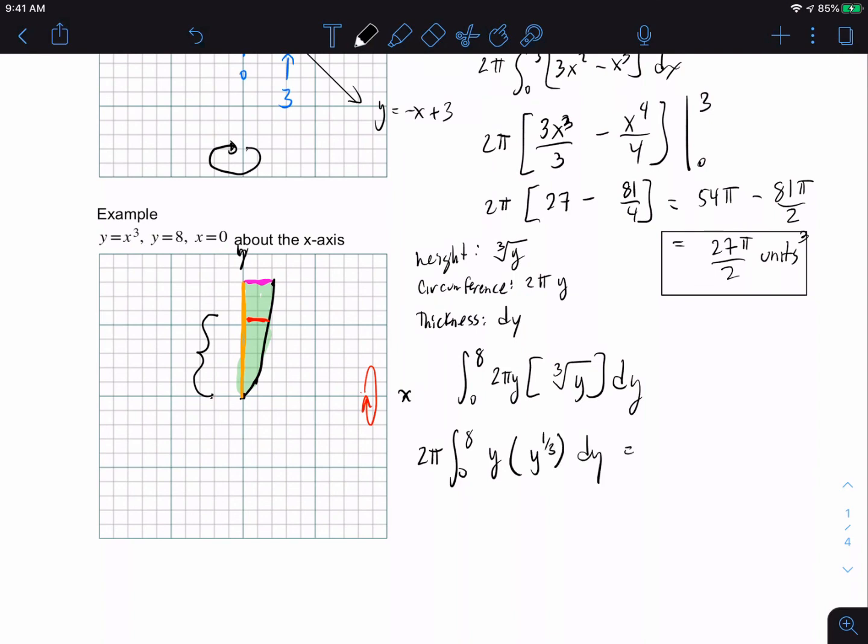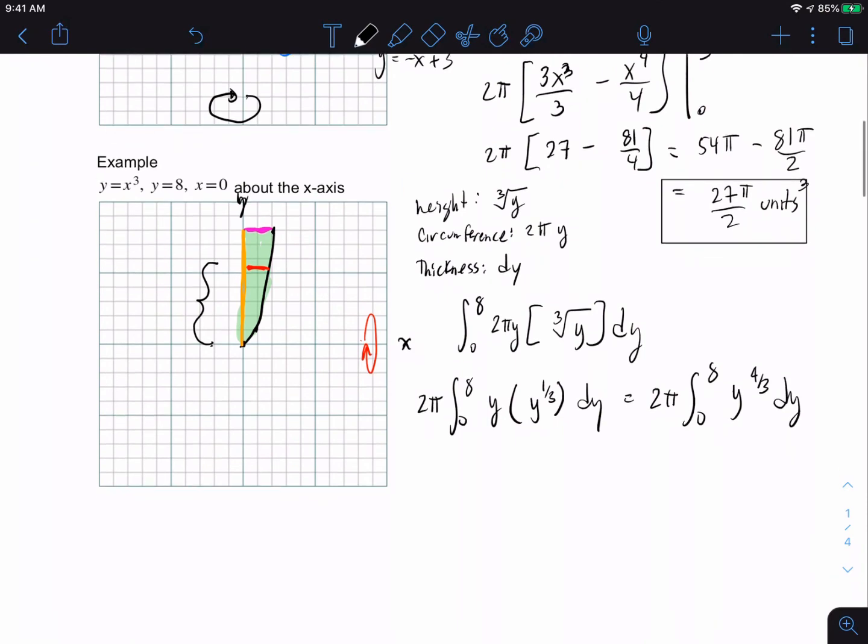So that way my integral ends up being something very easy and manageable. It's going to be y to the 4/3 dy. So when I take the integral of that, I'm going to get y to the 7/3, so it'll be 3/7 times the 2 pi, evaluated from 0 to 8.